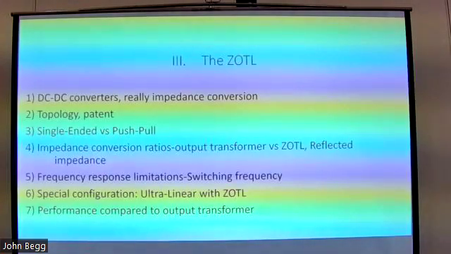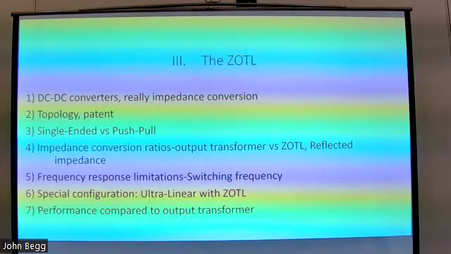Next slide. Okay, now the next big section is the ZOTL. And this gets pretty technical in places too, so bear with me. The DC-DC converter is really impedance conversion.